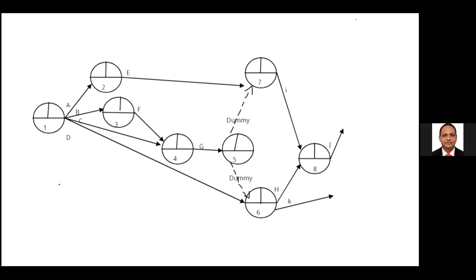Here for J, we should take the other way around, a forward process. It can never go backward. Then after completing JK, at event number 9, we can start activity L.